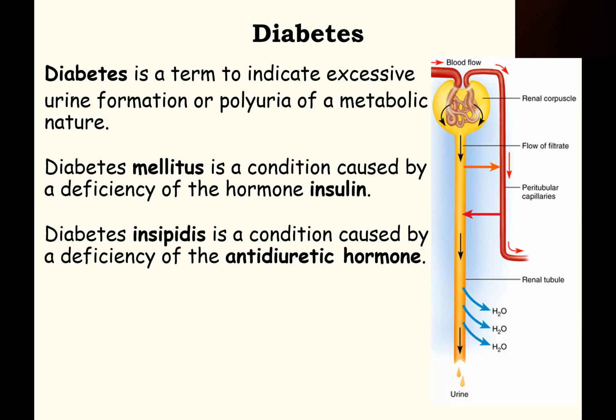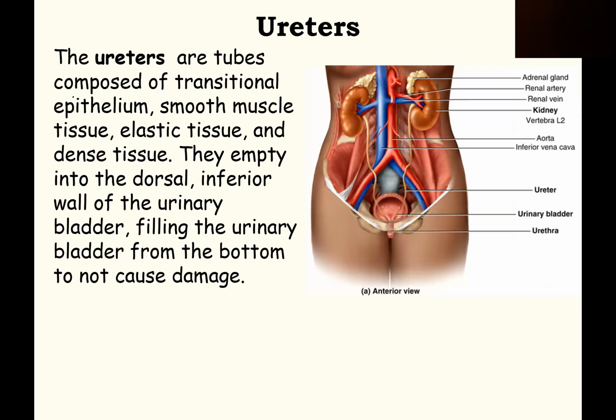Once we have urine, because we're animals, we want to expel it. All right, ureters, tubes with the same 3 layers as the minor and major calyces and renal pelvis. So again, transitional epithelium. The middle layer is smooth muscle and elastic tissues and dense tissue.